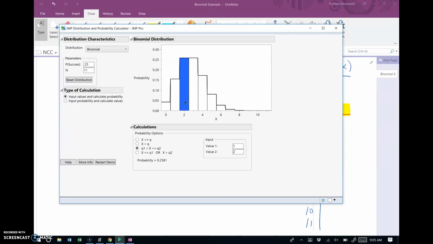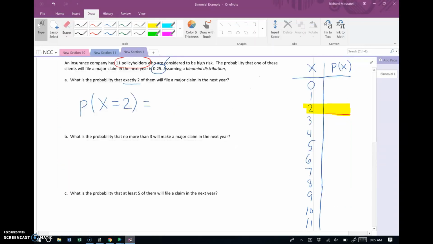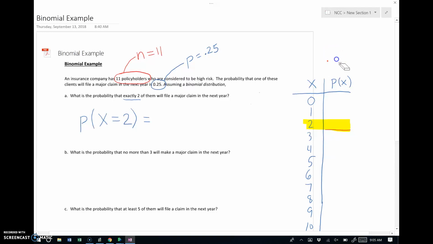So if I go back to my question, this value right here is 0.2581. You notice sometimes I draw and it doesn't show up, or it shows up for a split second and then goes away. It's the wonderful bugs that live inside of Windows.